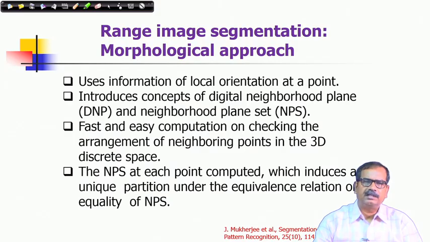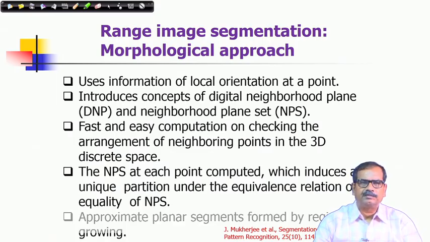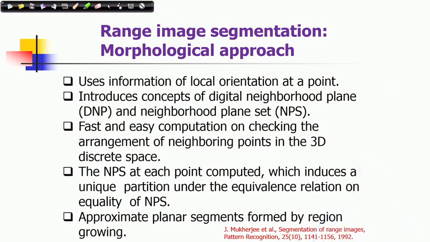It induces a unique partition under the equivalence relation of equality of NPS, and you can get the segments. These planar segments are of course approximate, and they can be formed by region growing, as I mentioned, by considering the equality of the local features defined by the neighborhood plane set or NPS.